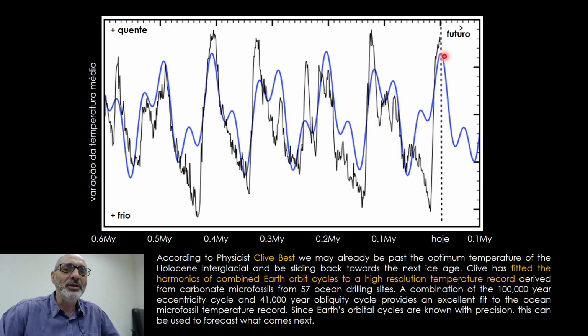We know that in the next 100 years, and possibly in the next 1,000 years, temperature is going to rise, because it's been rising for almost 8,000 years. But due to these Milankovitch cycles, in 100,000 years it's going to drop.